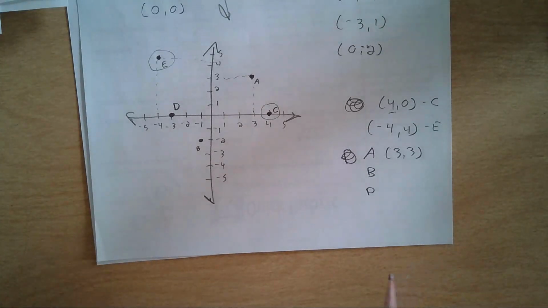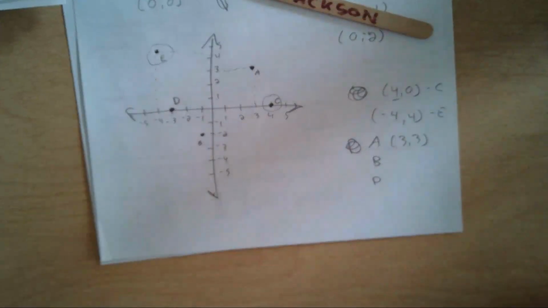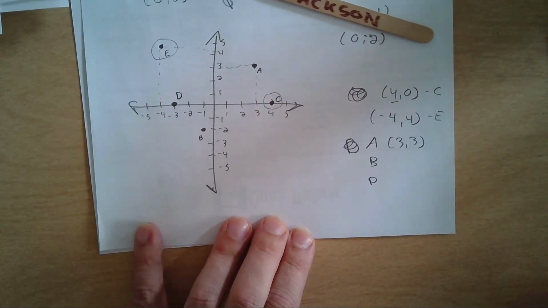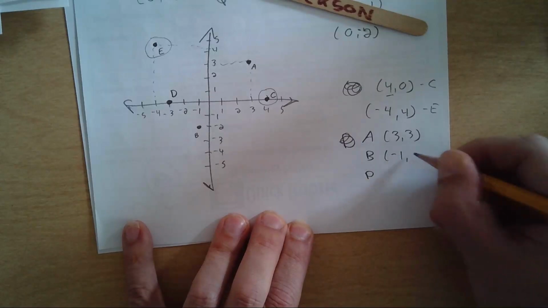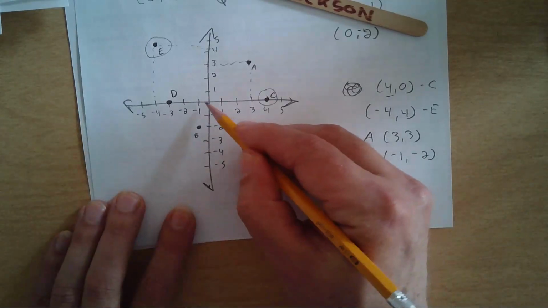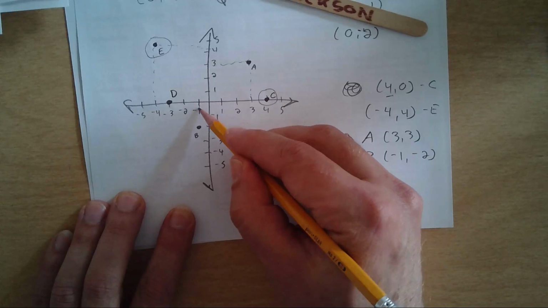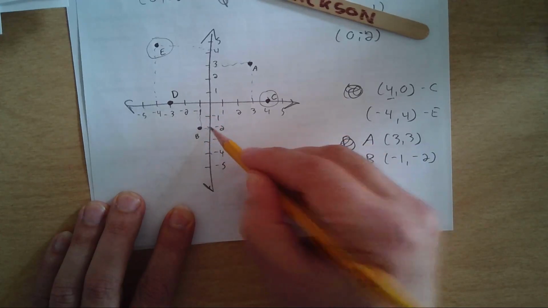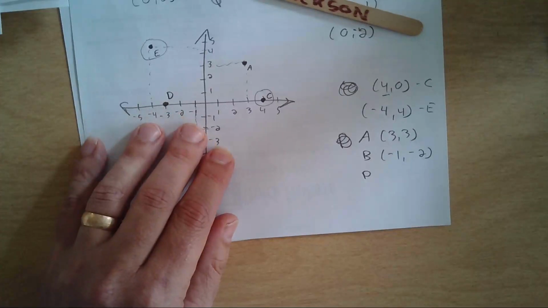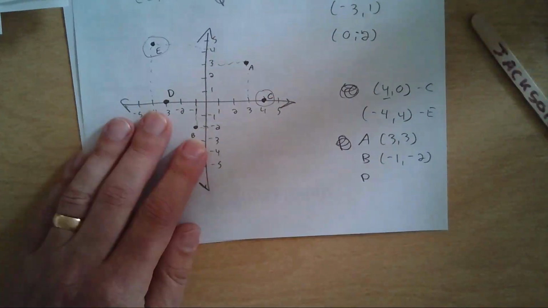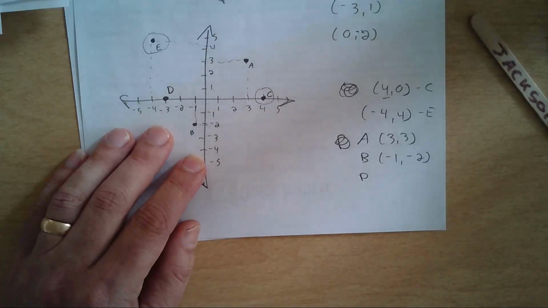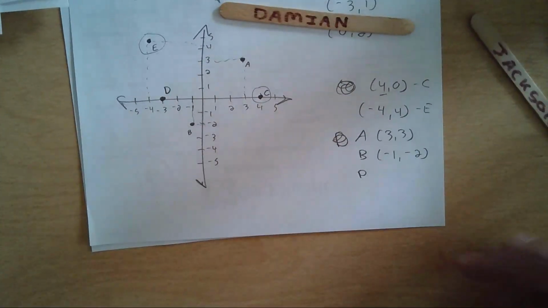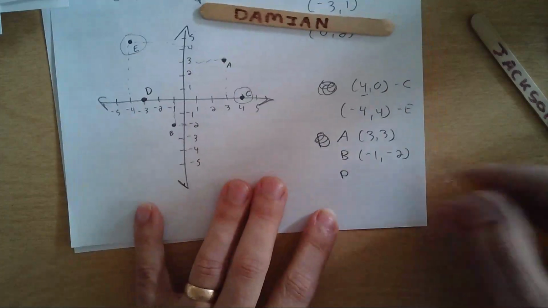B. Jackson: B is (-1, -2). Right, -1 right there, -2 right there. -1 x, -2 y. D. Damien: negative, no, (0, -3).